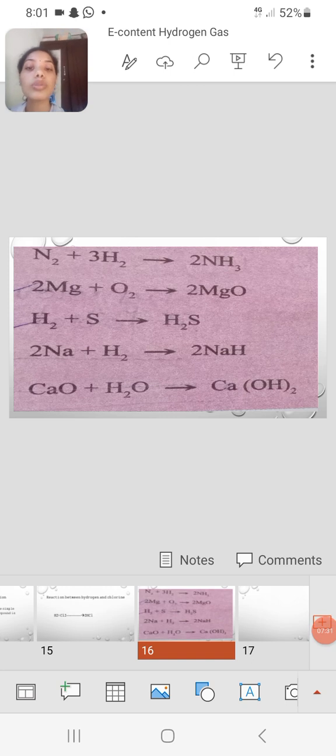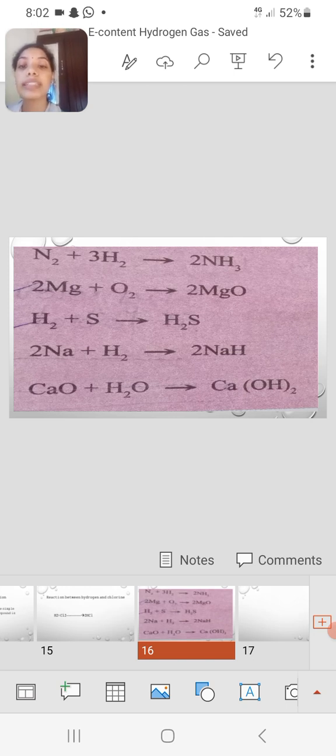N2 plus 3H2 gives 2NH3. 2Mg plus O2 gives 2MgO.